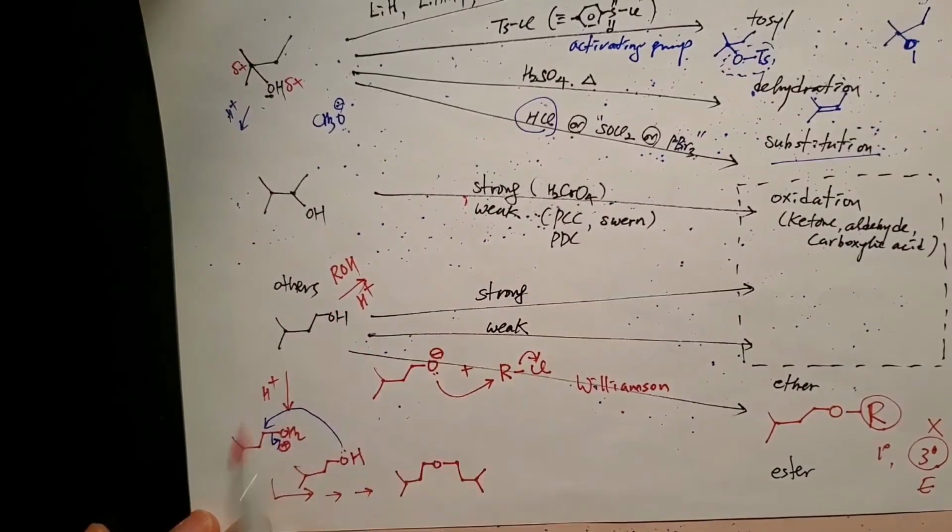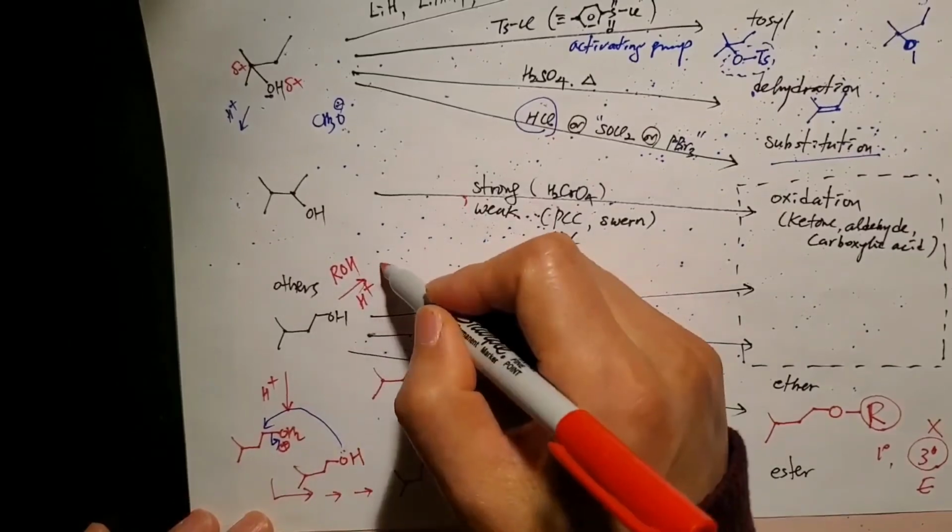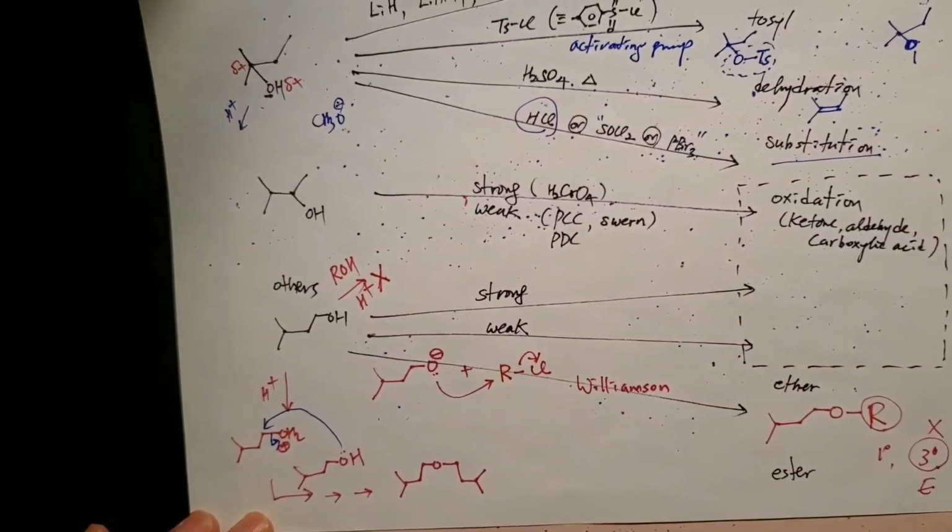So you can have 4 different mechanisms, but 2 of them are the same, so you expect 3 products. Messy reaction, so not recommended for acidic condition in order to form an asymmetric ether. So that's why Williamson ether synthesis is favored.